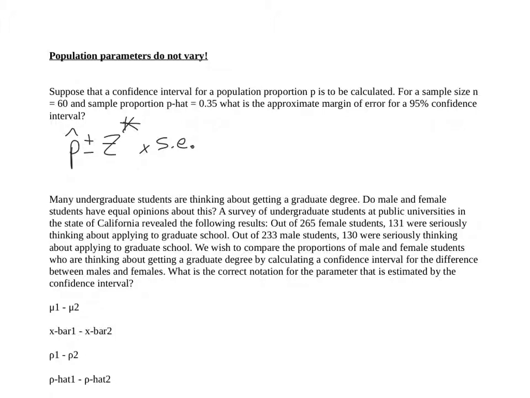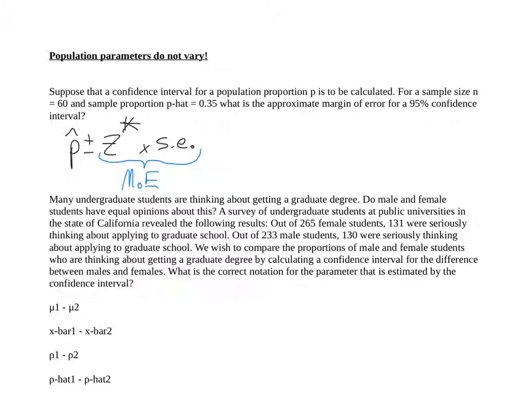Okay, so these are the three parts, basically. And this, in particular, applies to proportions. Now, we're asked to find the approximate margin of error for a 95% interval. The margin of error is going to be this bit right here. That's going to be the margin of error. So that's what we need to find here.